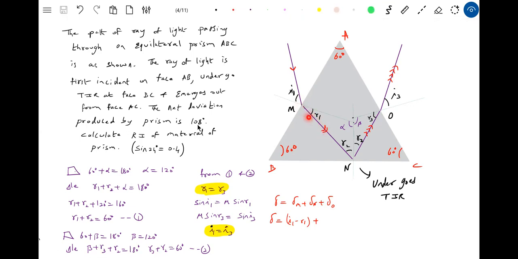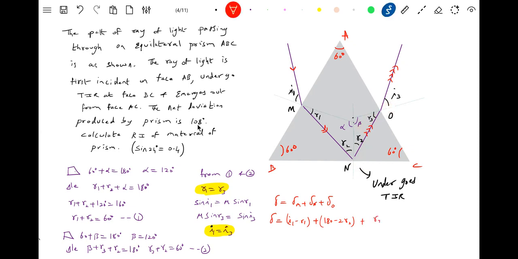I1 minus R1. If a ray moves from rarer to denser, the deviation will be angle of incidence minus angle of refraction. Then it wanted to traverse a path like this, so it got reflected. So this is the deviation, 180 minus 2R2. Deviation at O: the ray moving from denser to rarer, then angle of emergence minus angle of refraction should be the deviating angle.